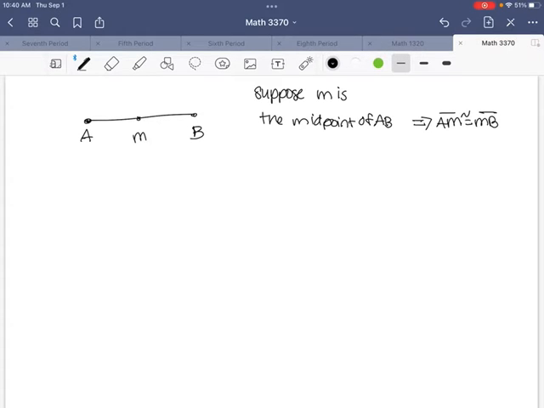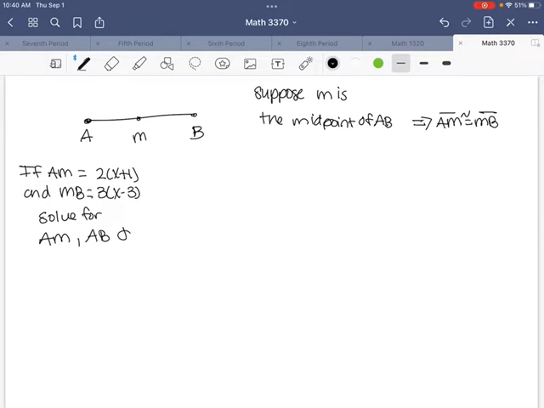Okay, so if AM is equal to 2x plus 1 and MB is equal to 3x minus 3, solve for AM, AB, and MB.